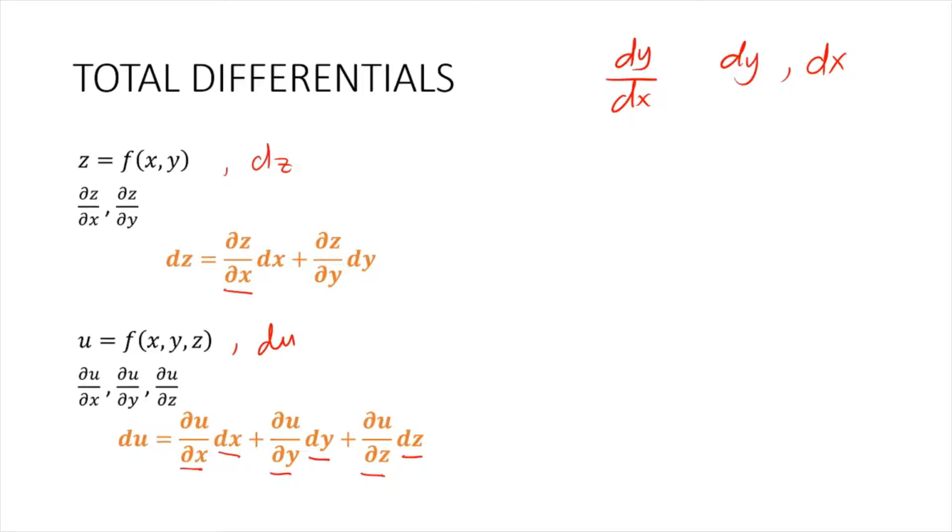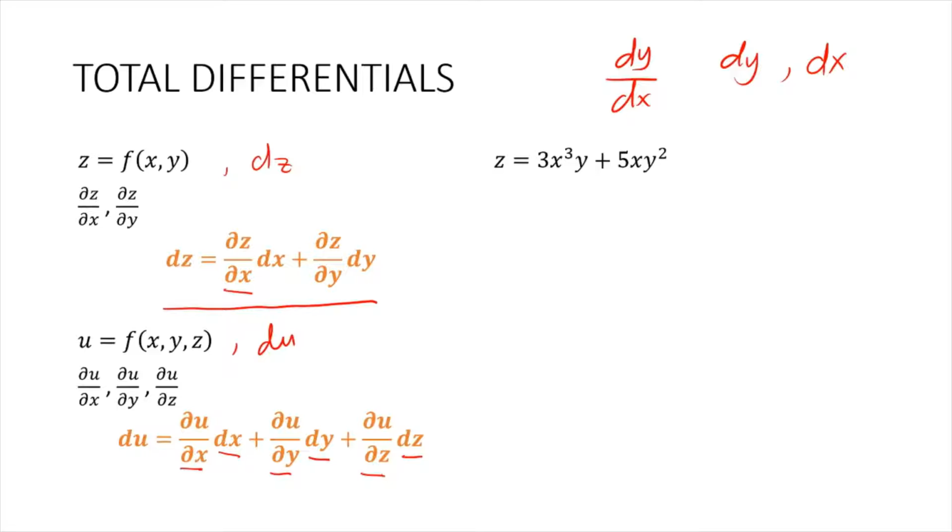Okay, so these are just formulas that we can use if we are asked to find total differentials. Okay, for instance, if we have z equals 3x cubed times y plus 5xy squared, let's say we are asked to find the total differential of z, then we can use this working equation.